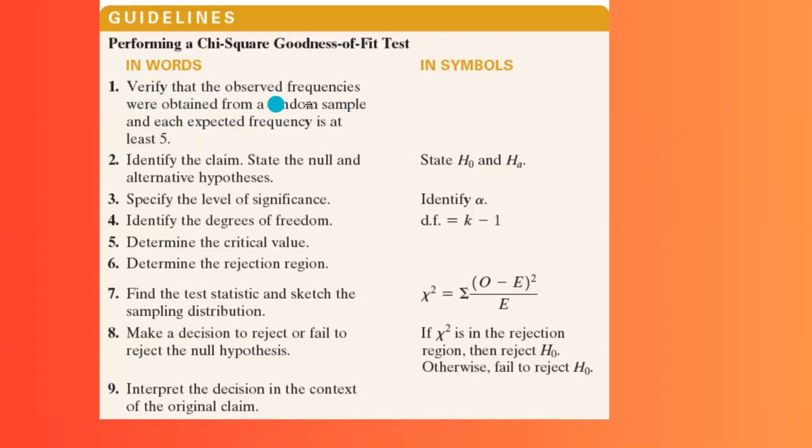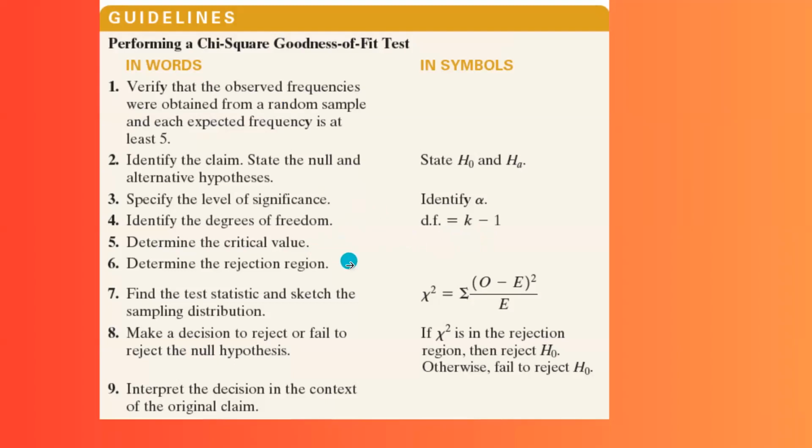So first, verify that observed frequencies were obtained from a random sample and each expected frequency is at least 5. Identify the claim, state the null and alternative hypothesis, specify the level of significance, identify the degrees of freedom, which is k-1, determine the critical value.